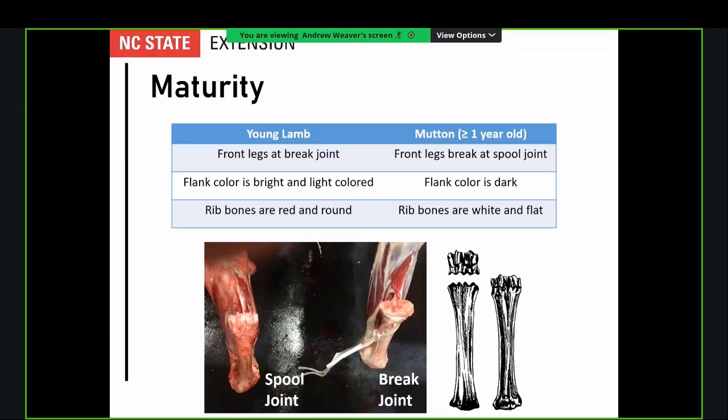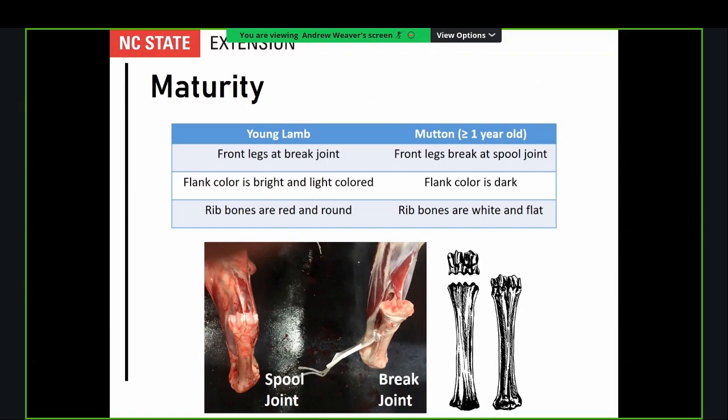So there's cartilage in that joint. That cartilage will turn to bone as those animals get older and more mature. When they're young and there's still cartilage in that joint, when you take the front legs off, the front leg breaks off at the break joint. When that animal gets older and that cartilage ossifies to bone, when you go to take the front legs off, because it's bone, it doesn't break.